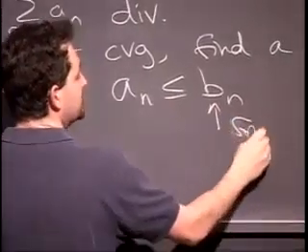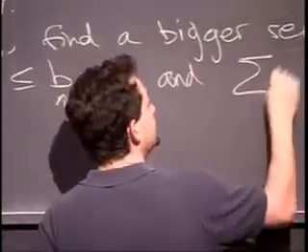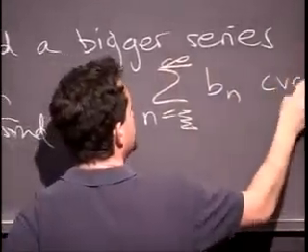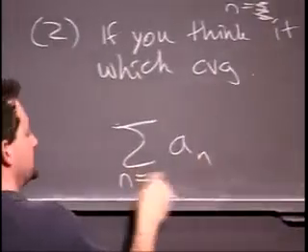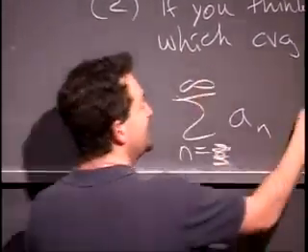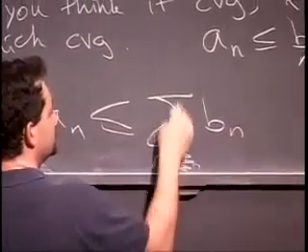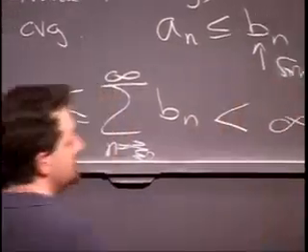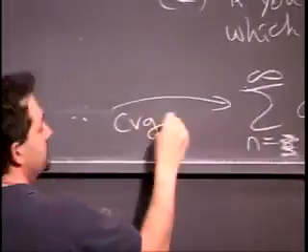Find this, and you want the new series to converge. So then you have the sum an from wherever to infinity is less than the sum of bn, which is presumed to be finite. Therefore, this converges after all, as you want.